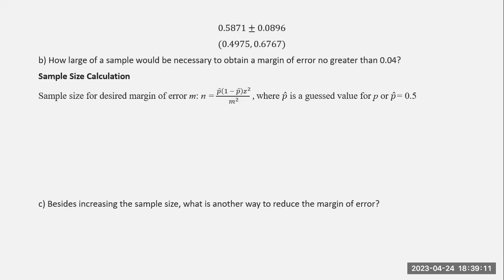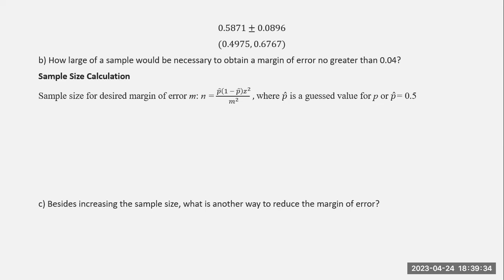Now, M, what am I going to use for M? Margin of error, which here is going to be what? 0.04, because it says no greater than 0.04. Now, the Z is the critical value associated with the confidence level you're using, right? And before we were using 99%, so we'll continue to use that, which was what Z value? 2.58.